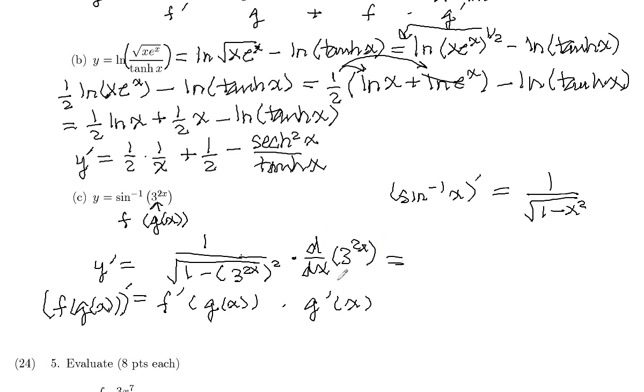Okay, so now all we have to do is simplify that derivative and we're set. So the first part stays the same, 1 over root 1 minus 3 to the 2x power squared. Now notice you could simplify that if you wanted to. It's a power to a power, you can multiply, but we're not requiring simplification, so we'll just leave it.